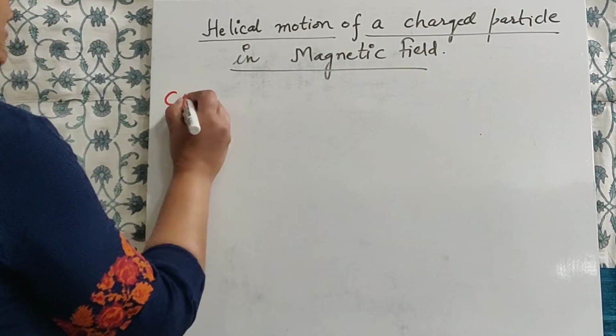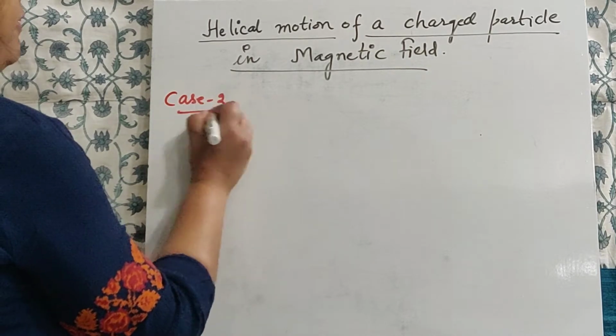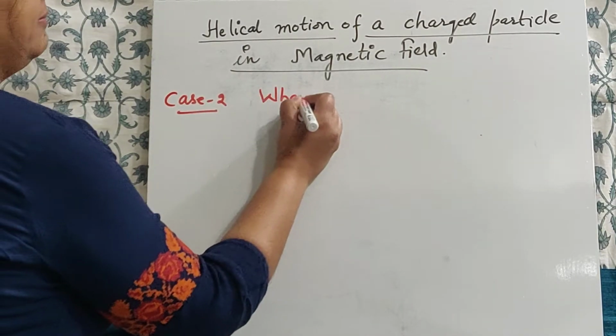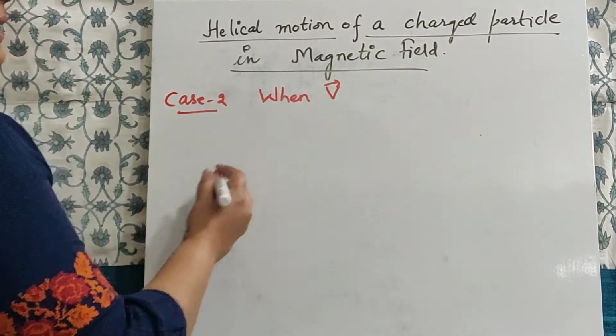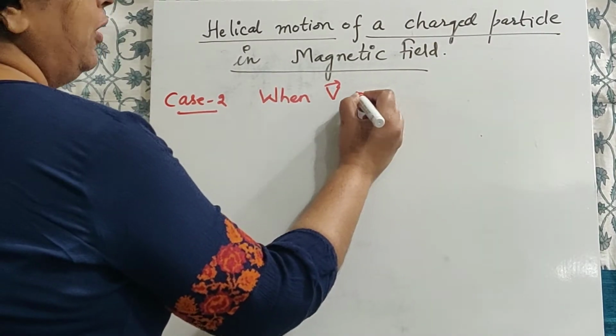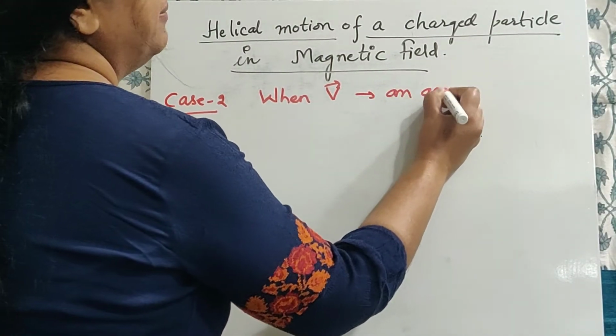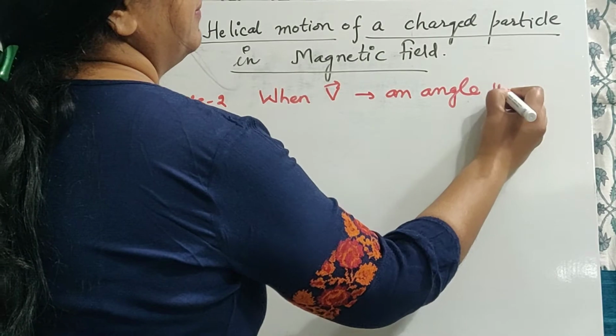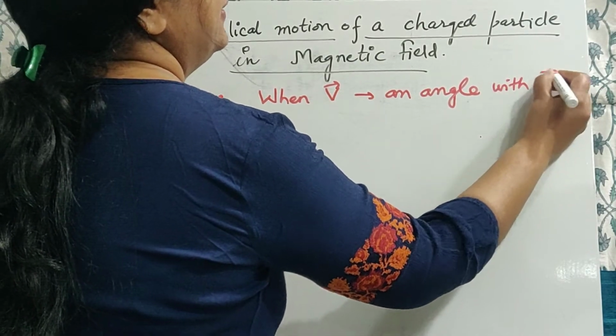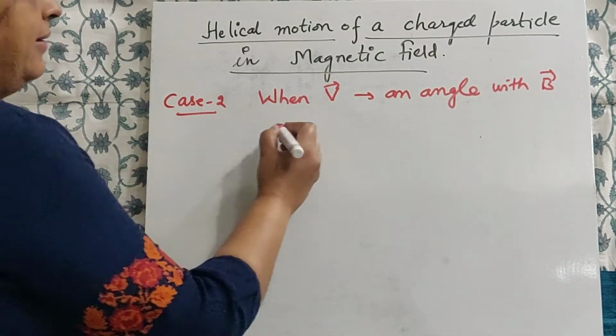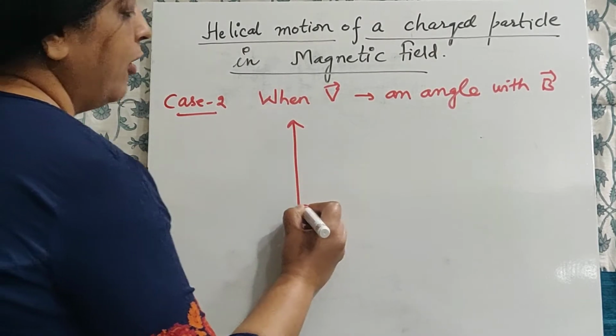So we'll write down case 2, when velocity of the particle is not perpendicular, it makes an angle with the magnetic field. So what we have considered is that we have a coordinate system.